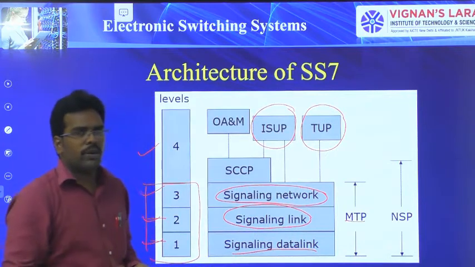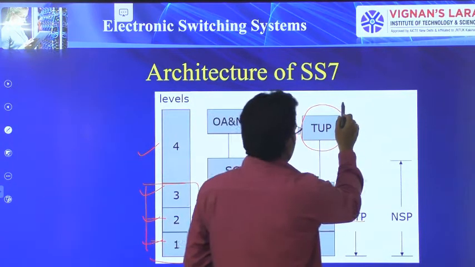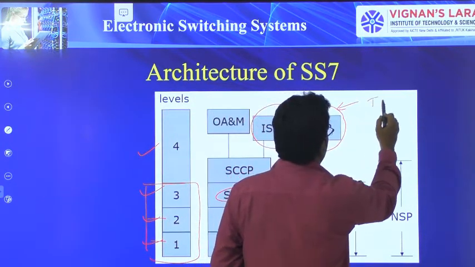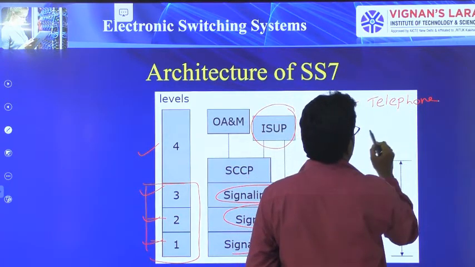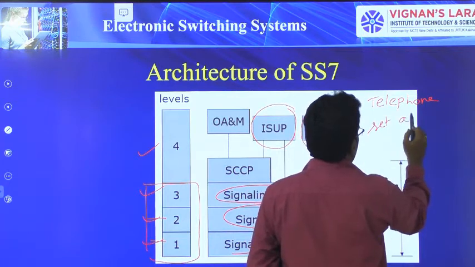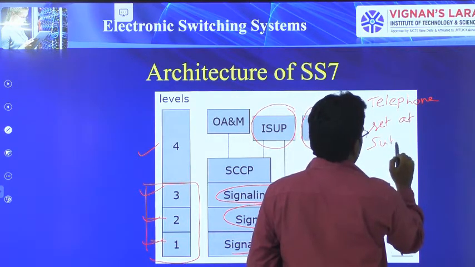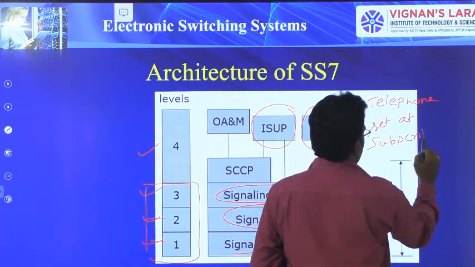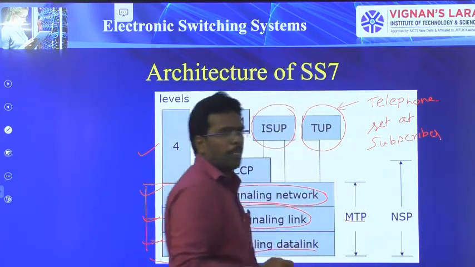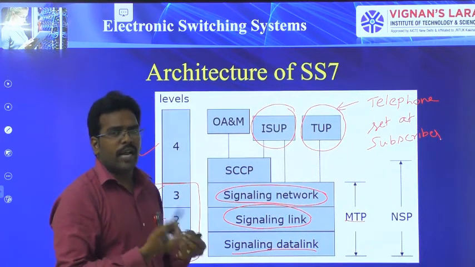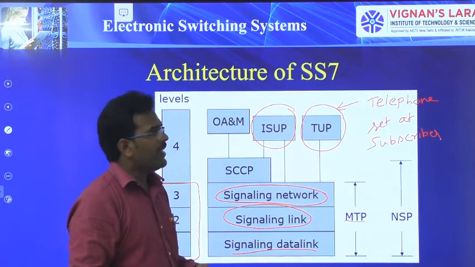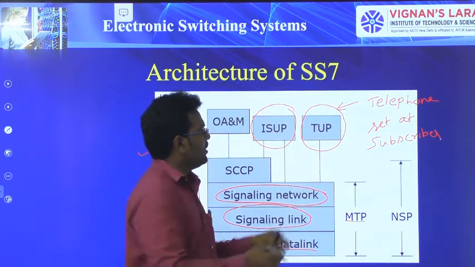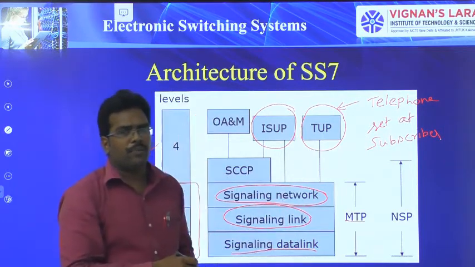TUP looks at the functionalities of the telephone set at the subscriber, that means getting the dial tone, ring tone and busy tones. Any information regarding our telephone set, TUP will take care of.